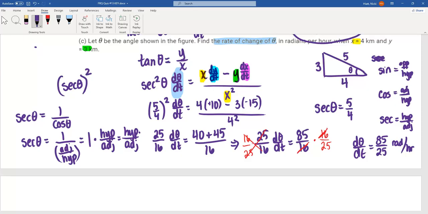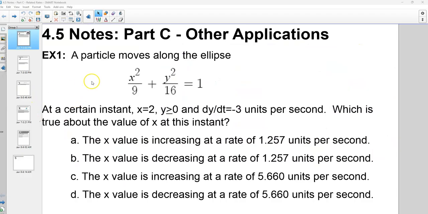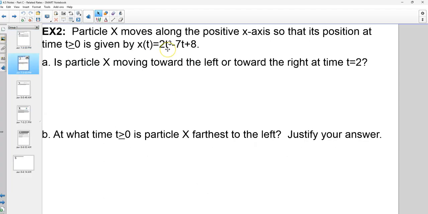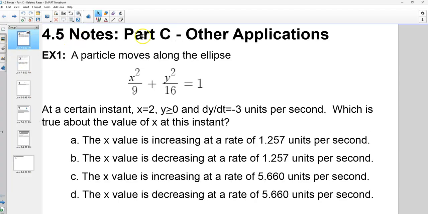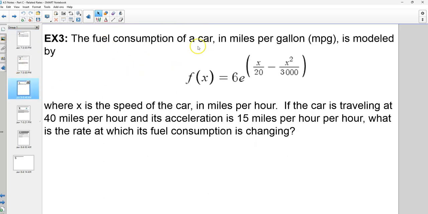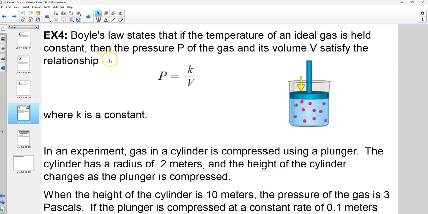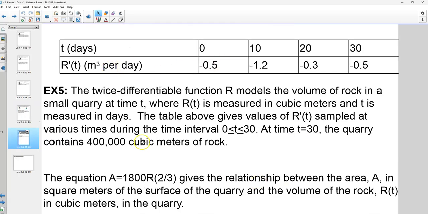All right, we've got time for one question at least on our next one. Most of the problems that I'm giving you here are going to give you the equation. So we've got particle motion, we've got fuel consumption, we've got Boyle's law, we've got a table problem.